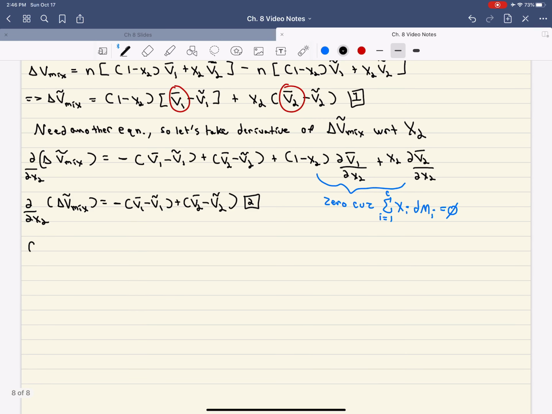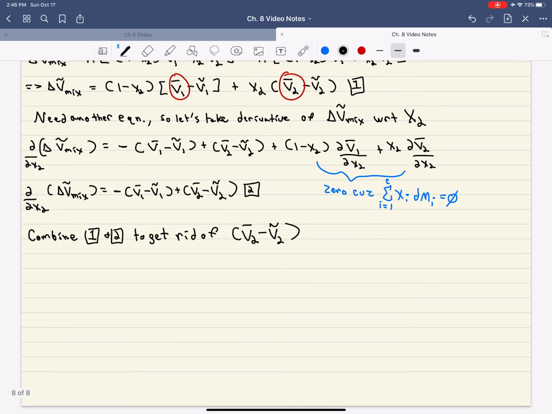And then what we could do is combine equations 1 and 2 to get rid of V2 minus V2 squiggly. Okay?